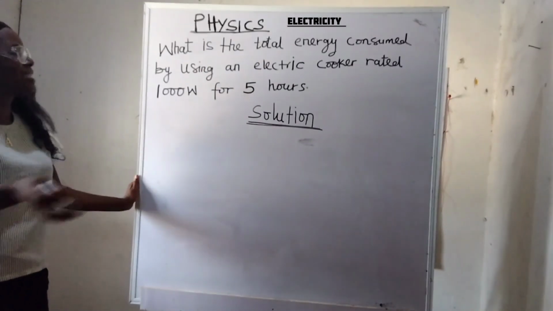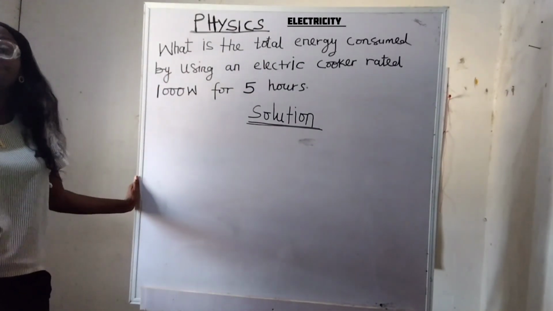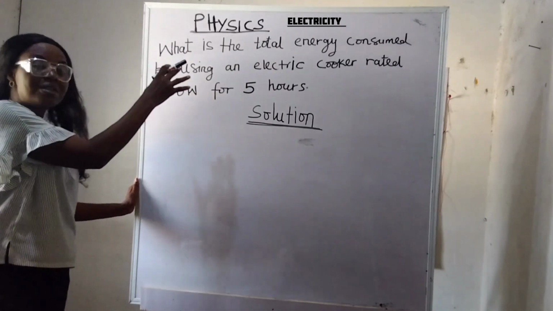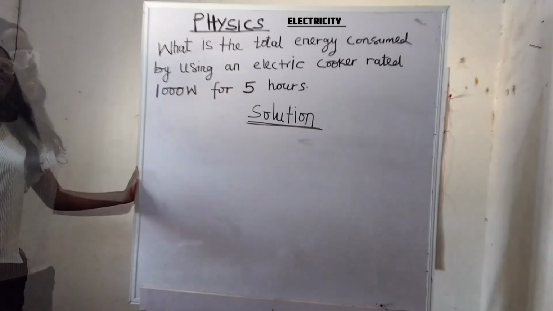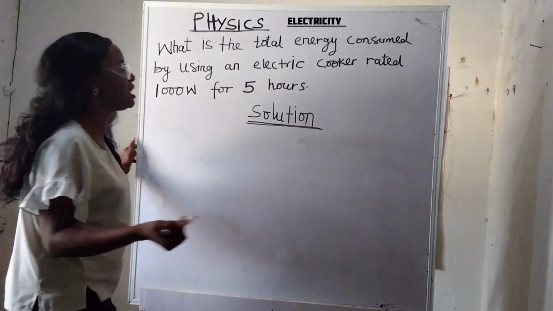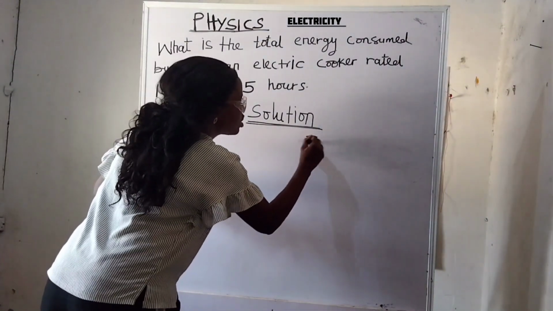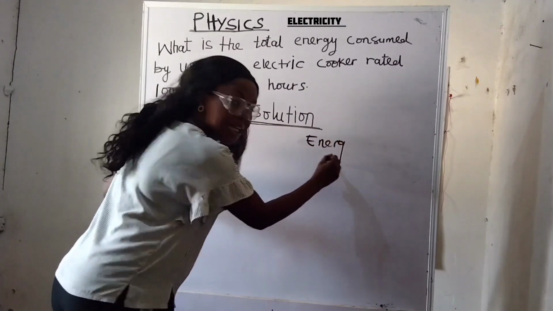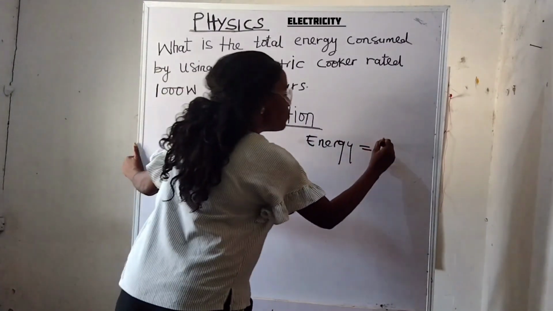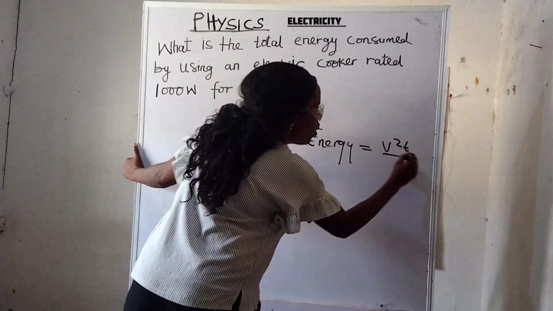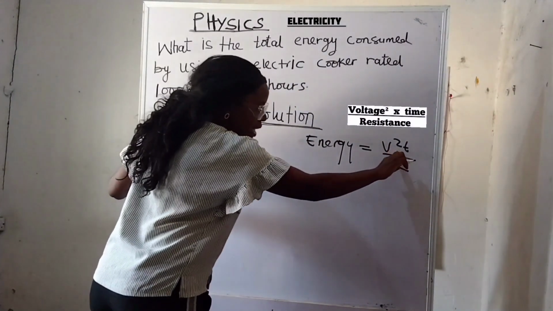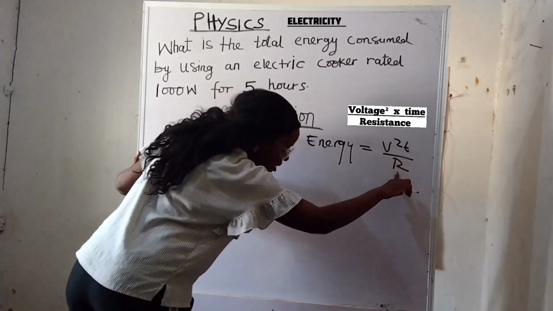What we simply do is to list out the formulas for energy and then choose the one to apply, the one that fits the data given to us. So let's list out the formulas for electric energy. The first one I want us to write is electric energy equals V squared T over R, which is voltage squared times time divided by resistance.